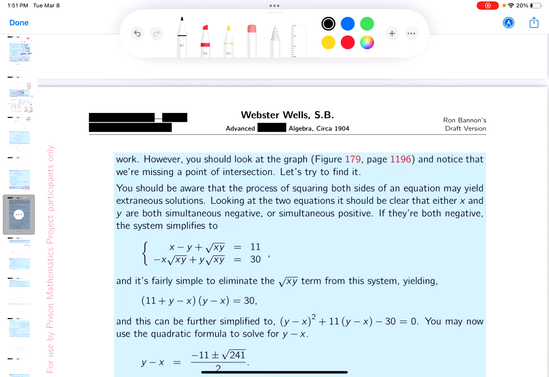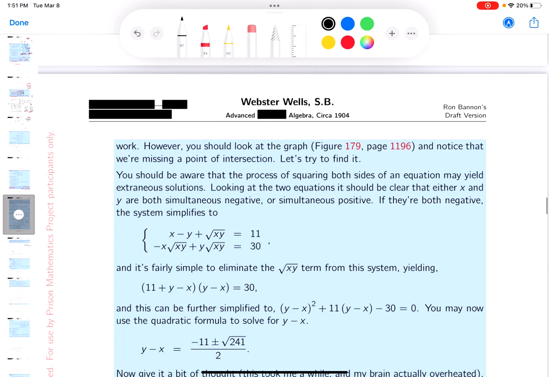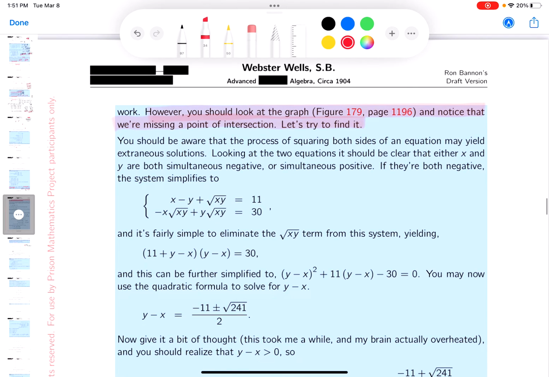You get sloppy, all right? So over here, however, you should look at the graph and notice we're missing a point of intersection. Let's try to find it. The one thing I'm pointing out over here, and again, we certainly encourage you to read, you should be aware that the process of squaring both sides of an equation may yield extraneous solutions.